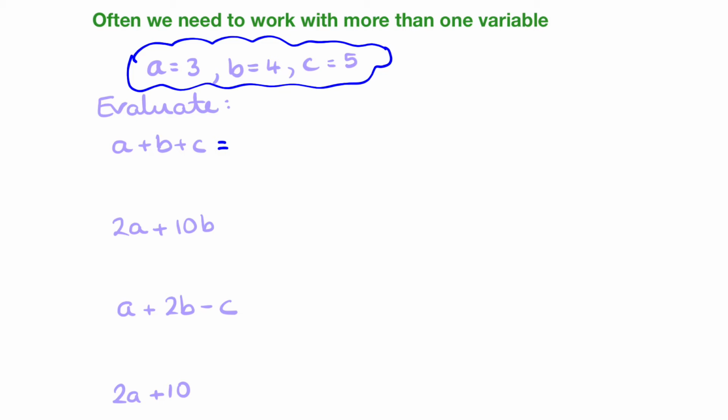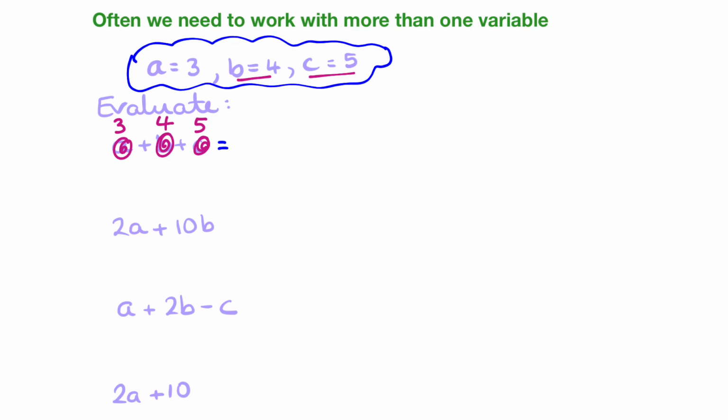So if we're evaluating A plus B plus C, then we've got to just substitute. Remember, A is 3, B is 4, C is 5. Let's do it on the question, swapping out the A for a 3, the B for a 4, and the C for a 5.